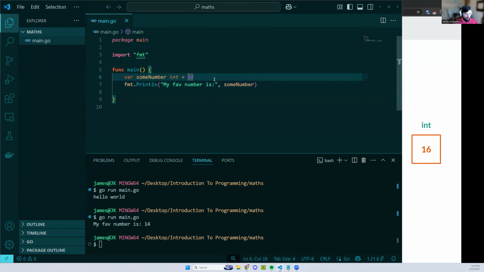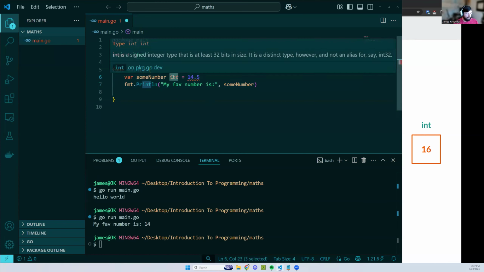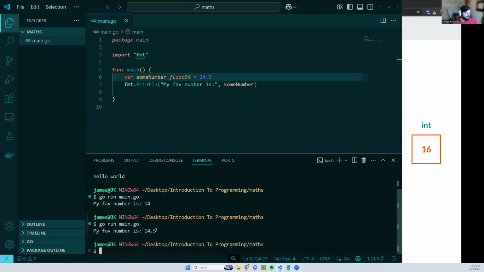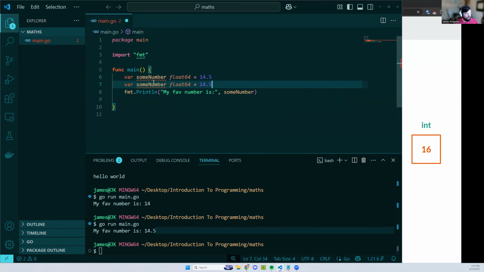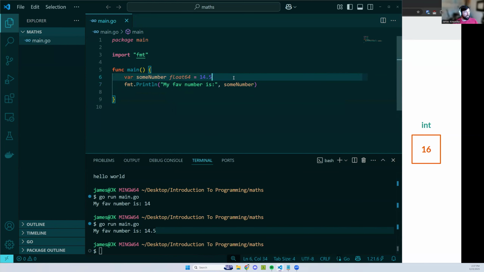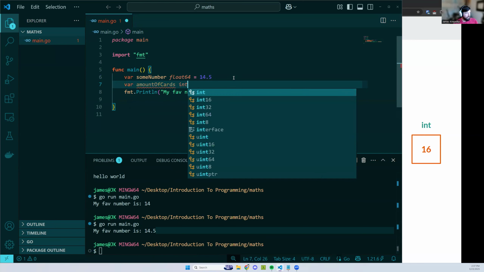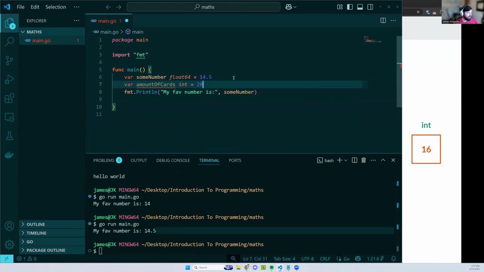Now, if my favorite number was 14.5, then I would need a float 64 for that. And it'll show 14.5. The trick is if I want to do math. Let's say I was going to a store and I'm buying some cards, and I want 20 cards, and let's say that the card price is 2.78 per card.